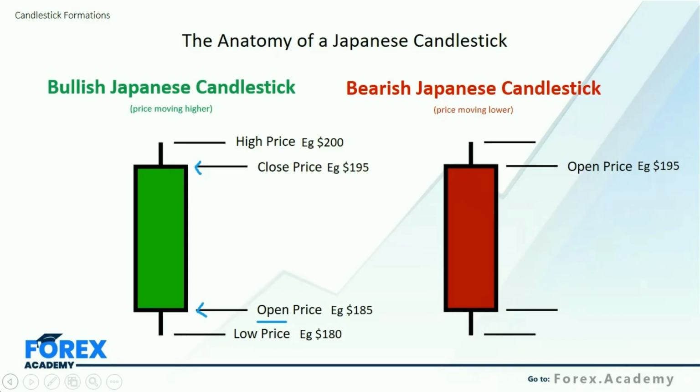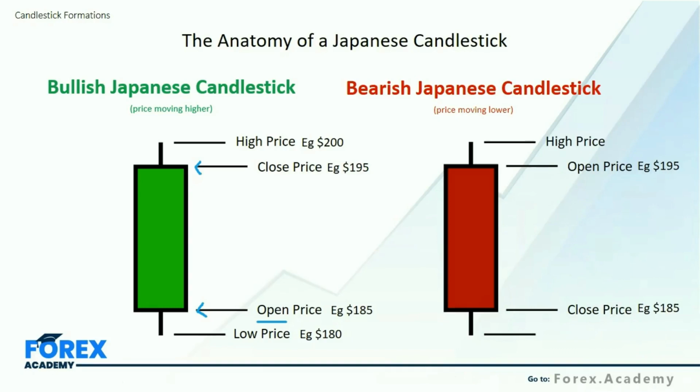However, what we're seeing with this next candlestick is actually the opposite. So we're seeing the prices close much lower to the downside. So in this case, we're actually getting a complete reversal of price action, where prices are opening at 195, and over the course of this candlestick, it actually closes much lower at $185.